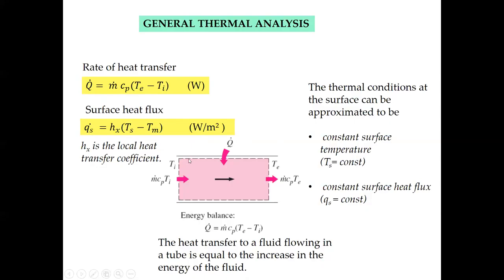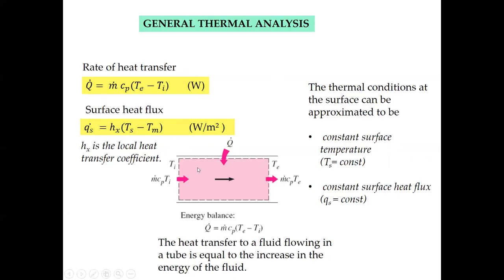If you want to calculate the surface heat flux, the surface heat flux is heat per unit area, basically watts per meter squared. After you are done calculating the heat Q, you can divide the big Q by the internal surface area.